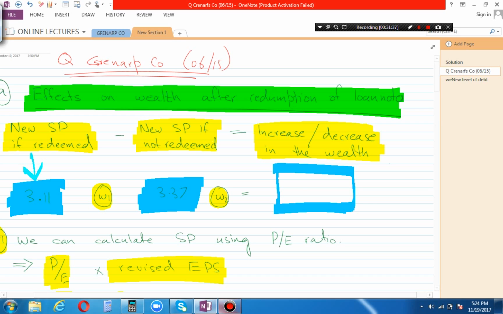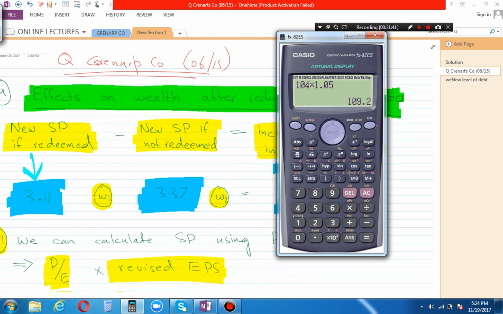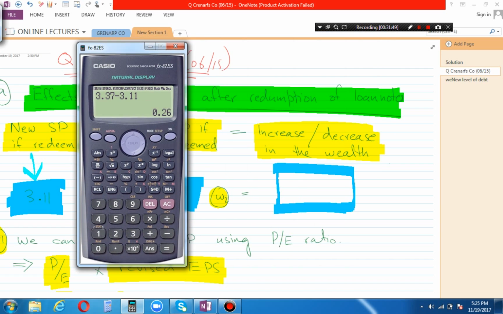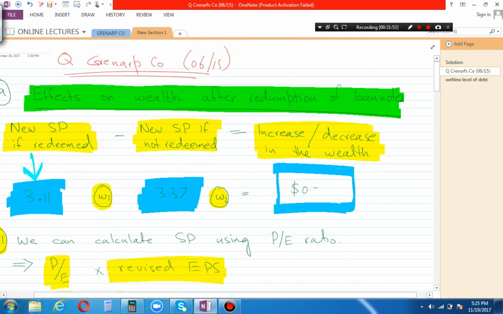If not redeemed, the share price would be 3.37, and if you calculate the difference, that would be 3.37 minus 3.11, which is equal to 0.26. And that is basically what the wealth is going to decrease by, 0.26 per share.